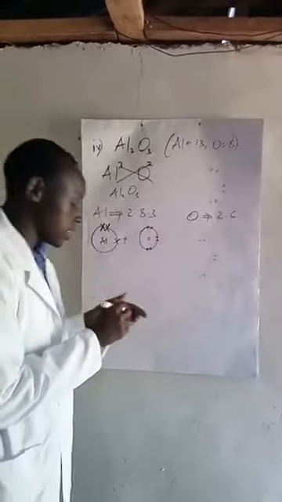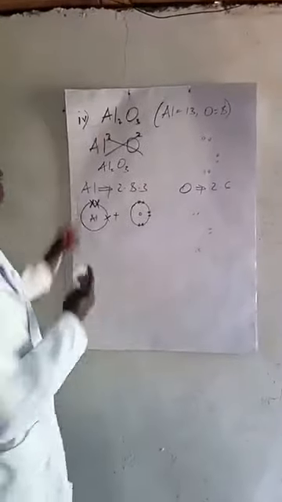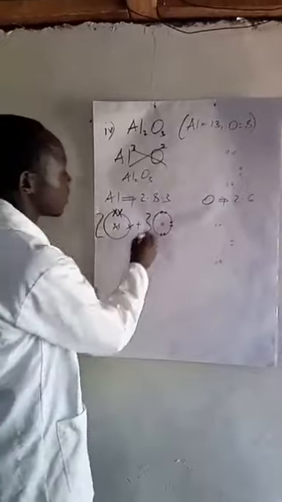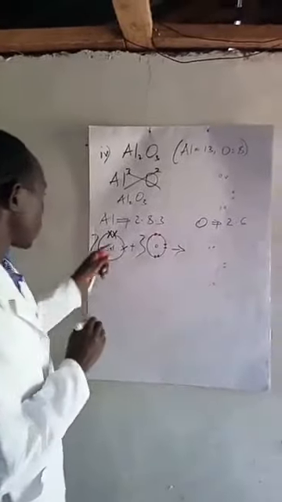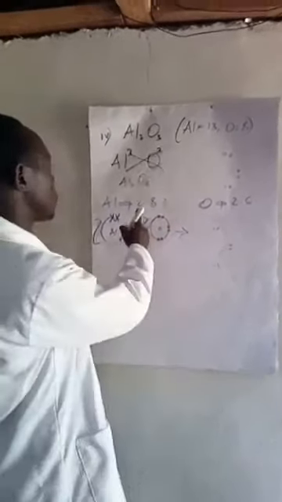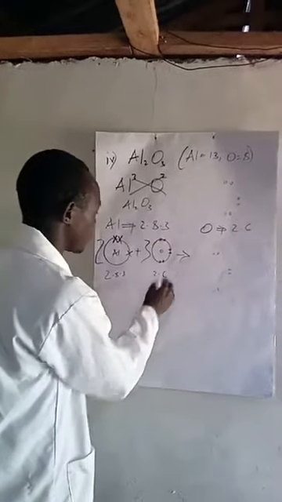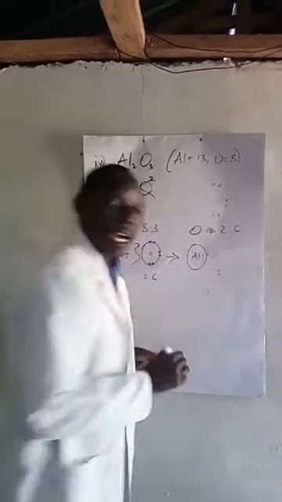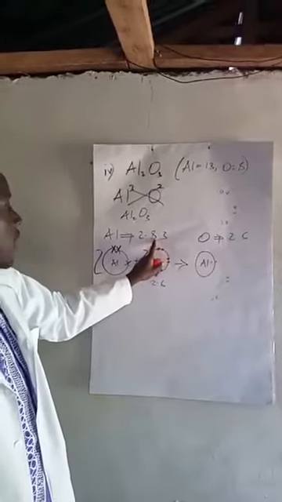Because we have Al2, you require 2 aluminiums, and O3, you require 3 oxygens. So aluminium will lose 3, from 2, 8, 3, while oxygen is 2, 6. So you have the aluminium ion: when it loses 3, the outermost energy level will have 8 electrons.